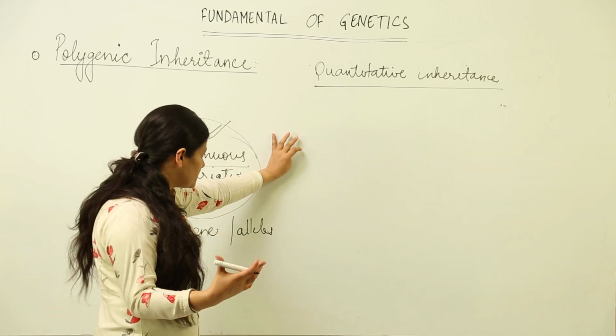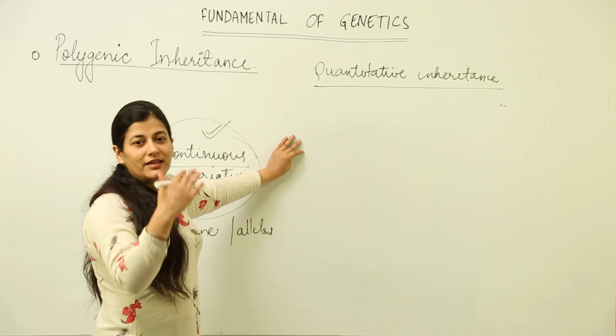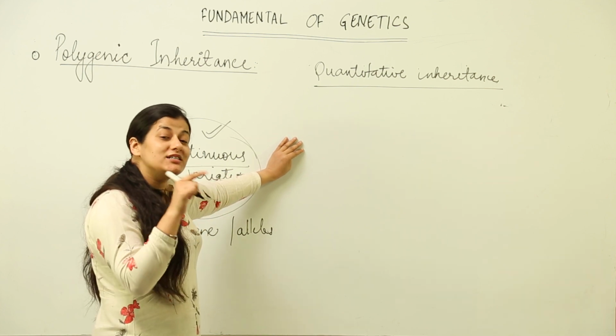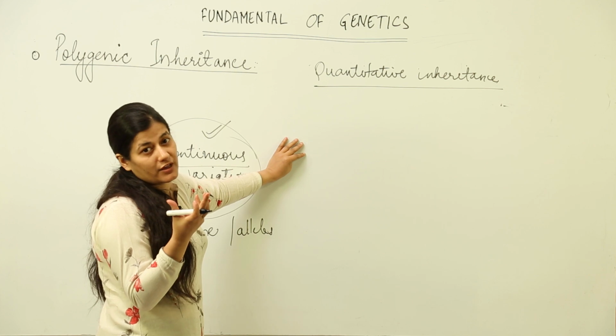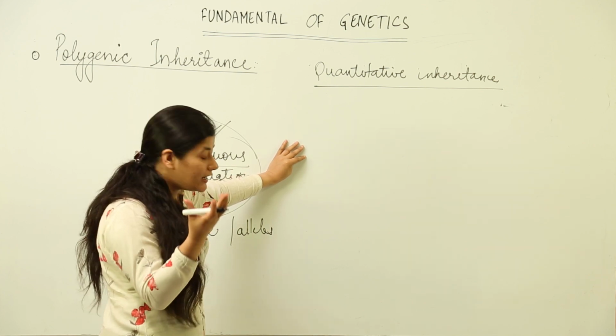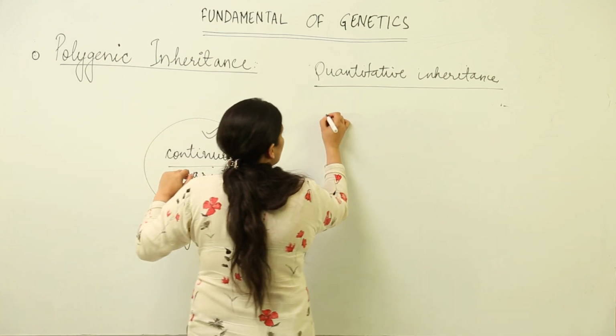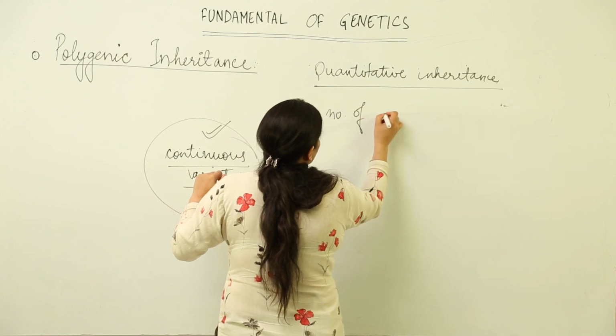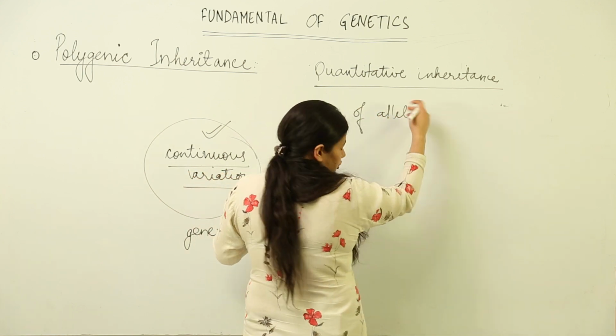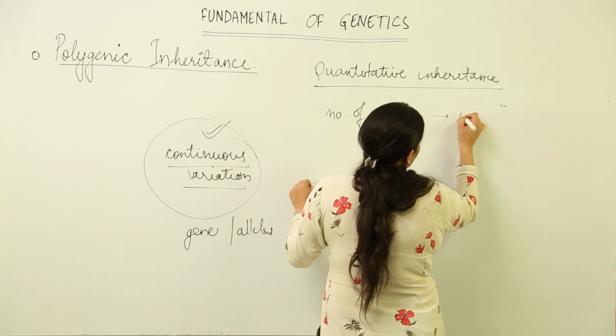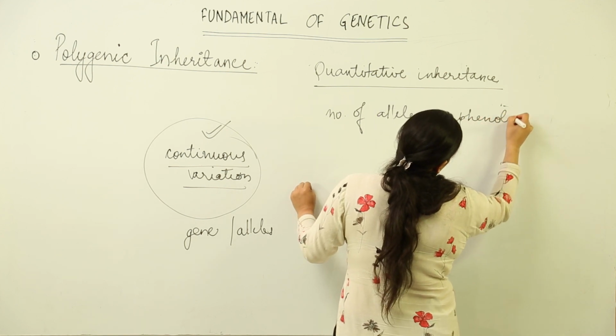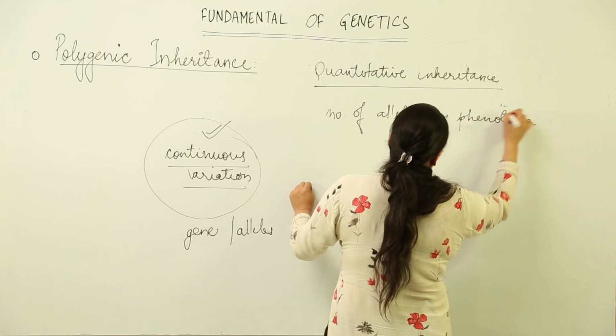I am going to repeat it: whatever the expression of phenotype would be, it depends on the quantity of alleles, how many alleles are present. That means the number of alleles determines the expression of a particular phenotype. Now how does it happen?